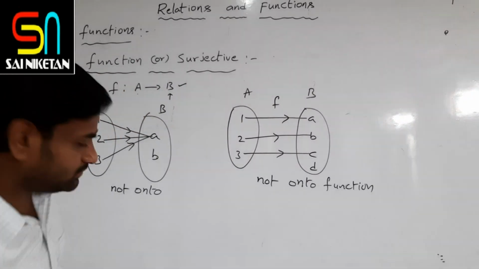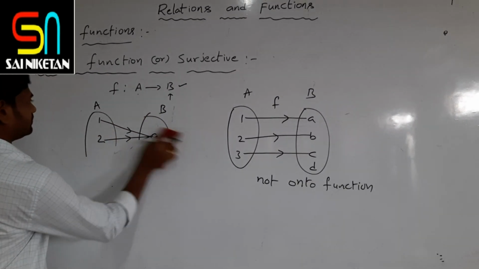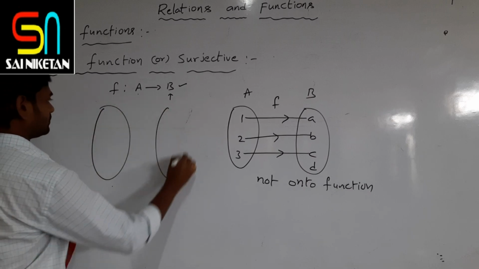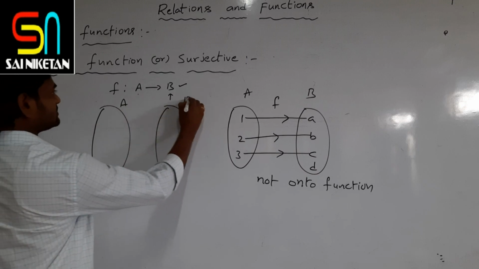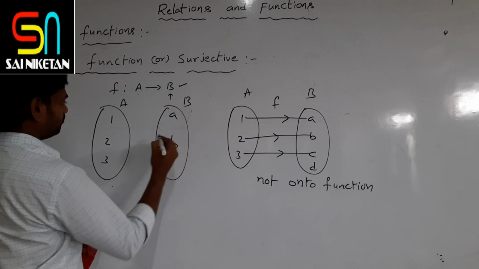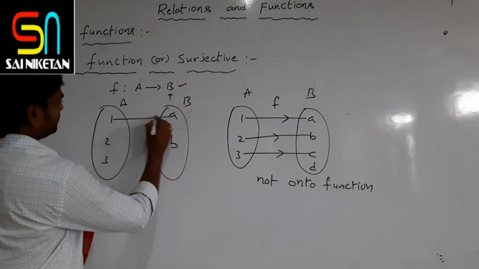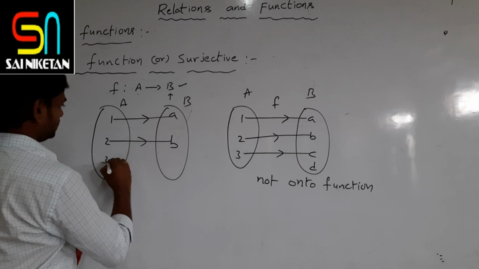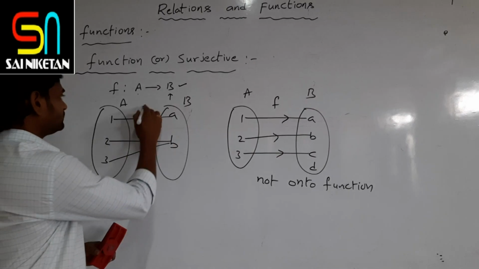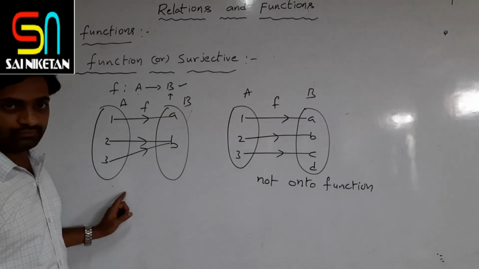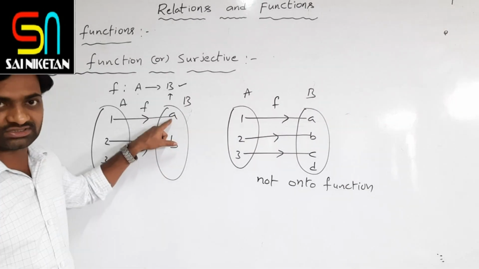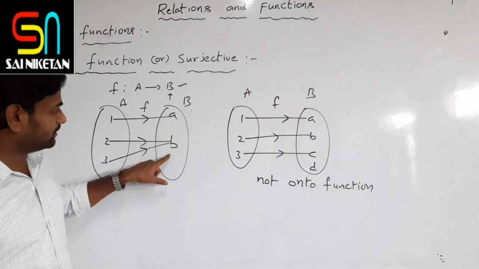See one more example. This is capital A, this is capital B. Here 1, 2, 3. Here a, b. I am taking 1 to a, 2 to b, 3 to b. If you observe here, it is a function. Now in the set B, how many elements do we have? There are 2 elements, small a, small b.